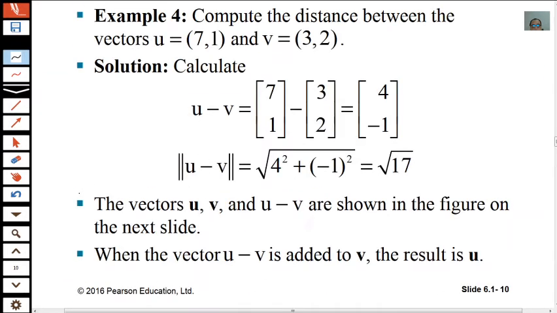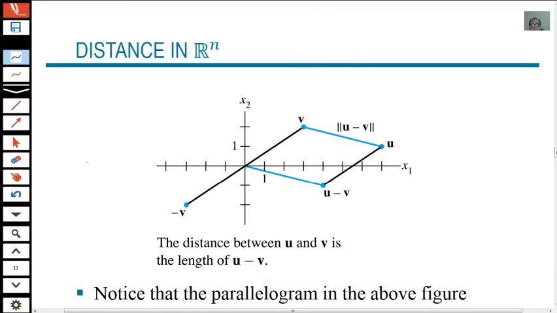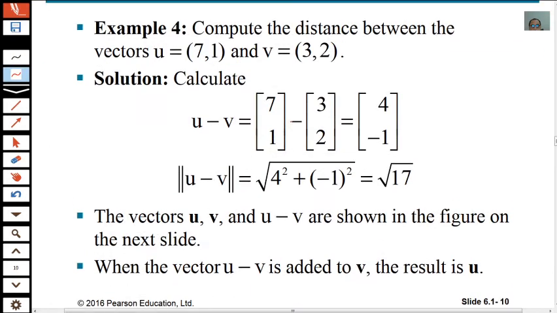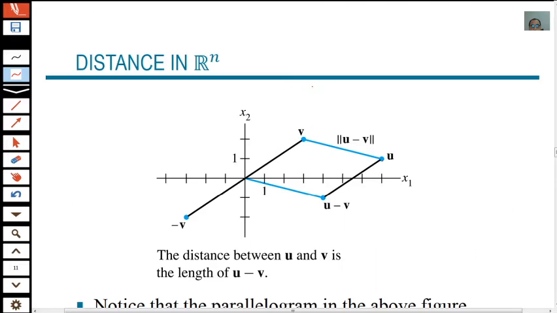And geometrically we understand this if we consider the vectors u and v in this example in the two-dimensional coordinate system. You see v has the components 3, 2.